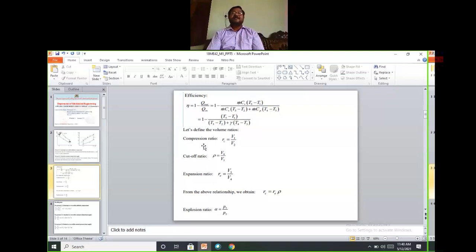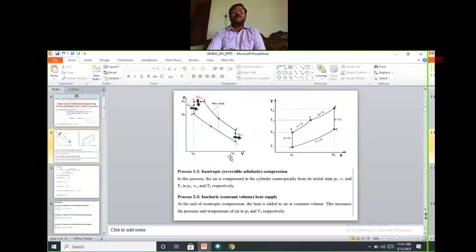The ratios here are very important. Compression ratio, we assumed or derived in all the previous derivations, rc is equal to V1 by V2. Cutoff ratio is V4 by V3. This is very important. Cutoff ratio is rho, V4 by V3. V4 cutoff takes place here only.